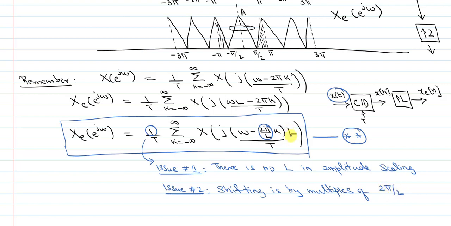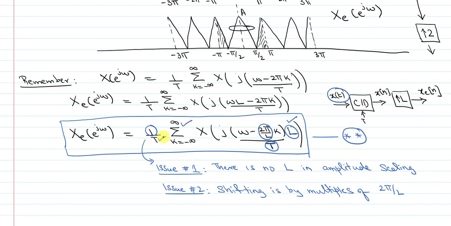Now, as far as the frequency axis scaling goes, that is correct. The frequency axis scaling needed to be by T over L, or in this case, L divided by T. So T needs to be in the denominator, we have that. L needs to be in the numerator, we have that. So that is not an issue. We have multiple copies, that is not an issue. We have a T over here, that's not an issue.